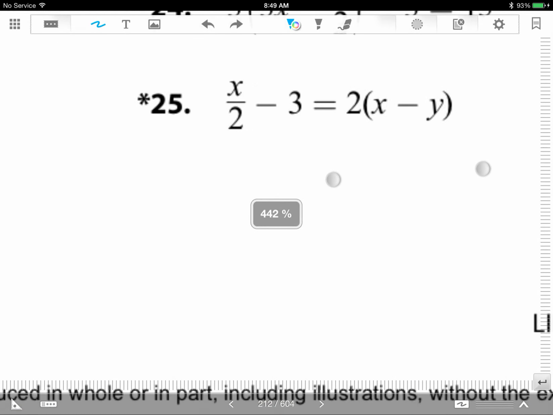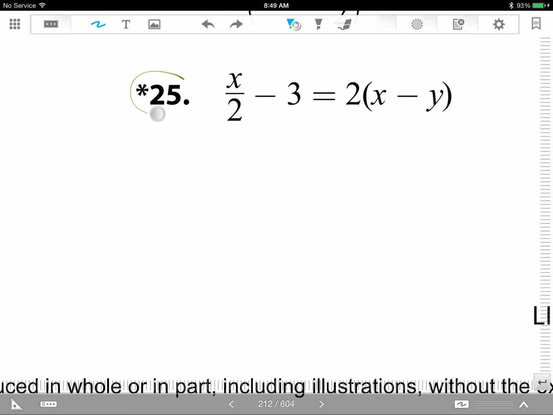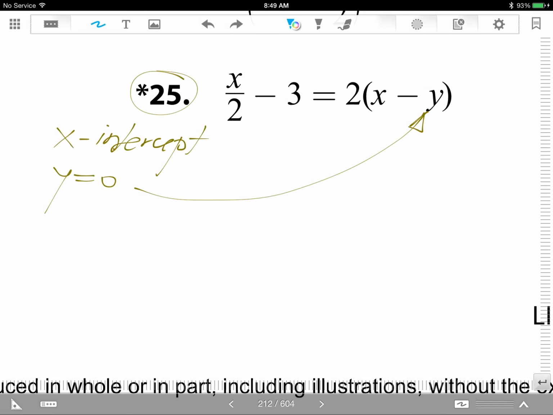If you want, we can try number 25 to find X and Y intercepts. It says challenge. You know what? Everybody will be able to do that. What I said, for the X intercept, Y equals 0, right? So whatever you have Y in here, you will just be left with nothing. That term will go away. Your expression now will be X over 2 minus 3 equals 2 times X, which is 2X.